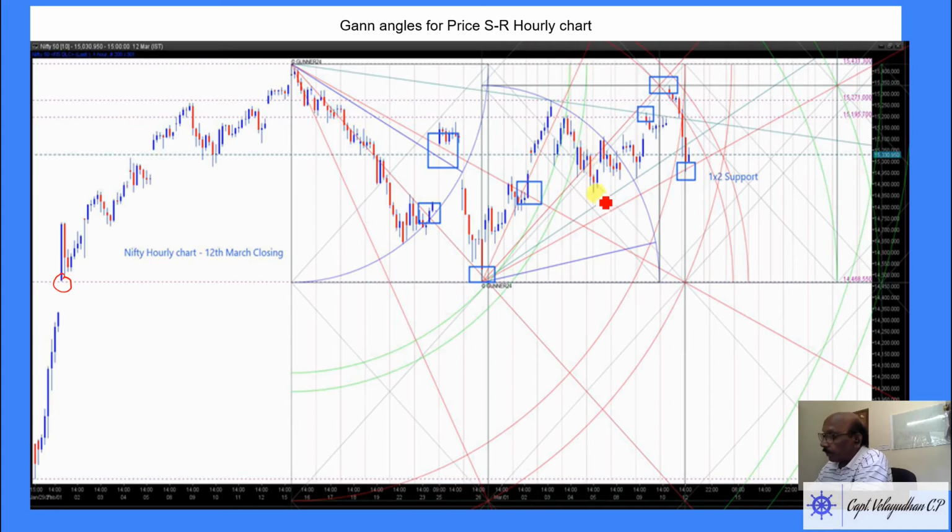So the price action from this level is showing weakness. As you can see, the price took support at a one by one angle here, had moved up, but in the same way it came down. A long bearish candle on the hourly chart.